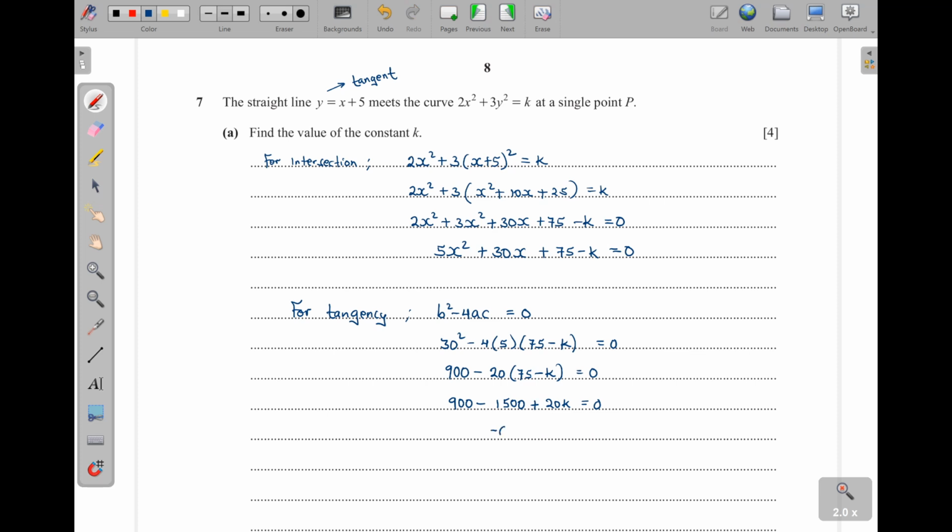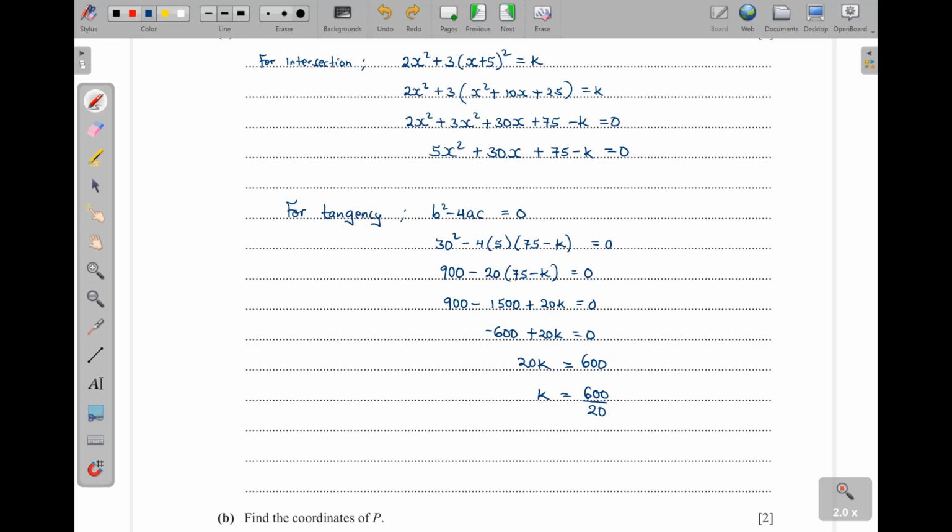We have negative 600 here, then plus 20k is equal to 0. 20k, then this one will cross to be a positive, right? 600. So therefore k is going to be equal to 600 divided by 20. Of course, this one will go, and then 2 goes into 60 30 times. So that means k is equal to 30.